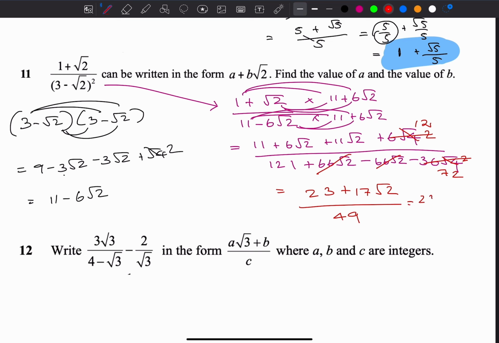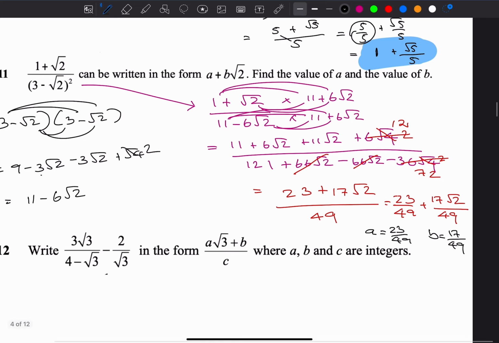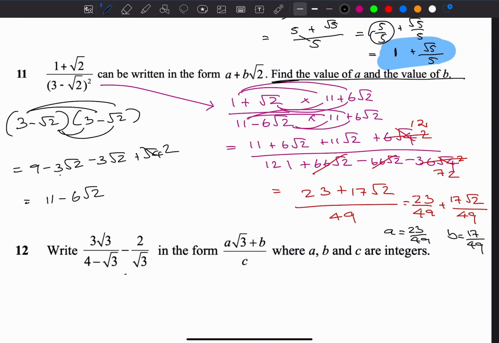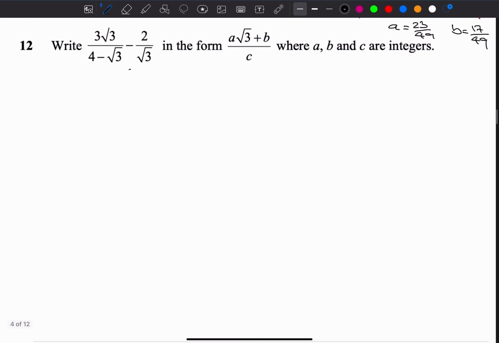What is it? 23 over 49 plus 17 root 2 over 49, and then they want what? A and B. A is what number? A is that number 23 over 49. B is in front of the root 2. B is 17 over 49. Because they said find it, so you got to find it. If they said write the form, then you're okay. Let's just find this one. Nice. So you have to do it separately.